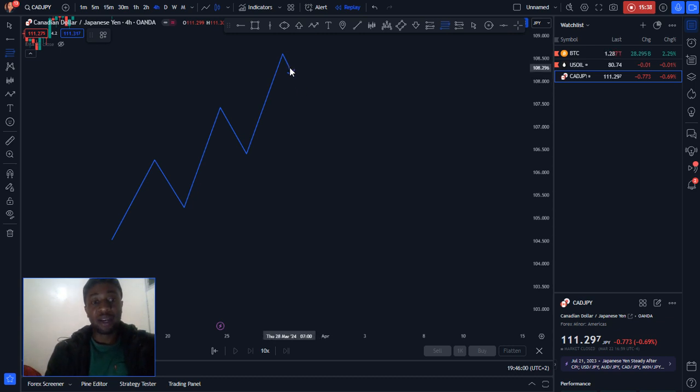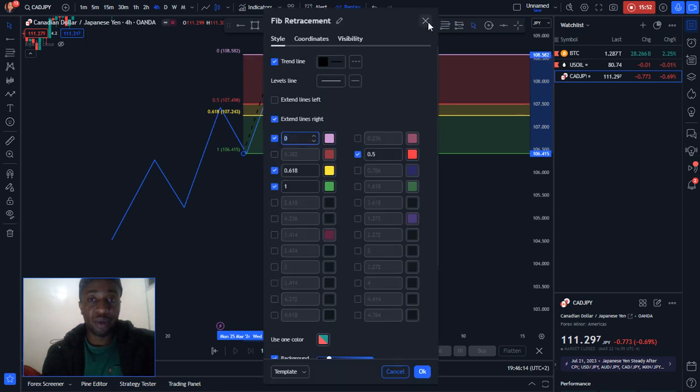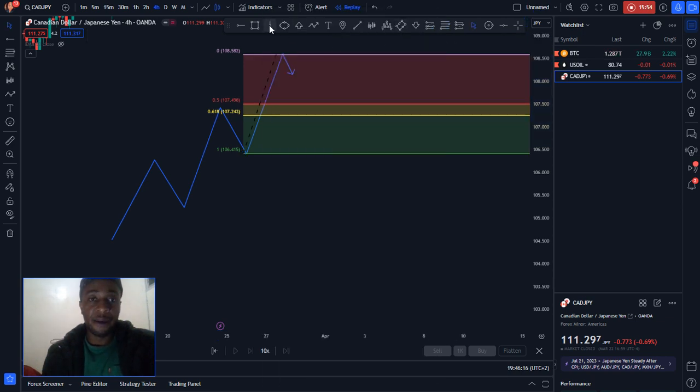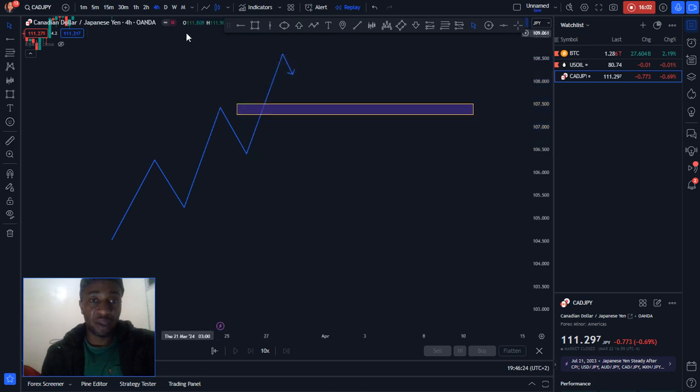Now you want to be like, okay, I'm going to be taking these selling opportunities up to which level, because you do not know where the market is going to turn. So you can make use of the Fibonacci and be able to say, okay, my market can go all the way down until the golden zone, because that's what most of the time it does. It moves all the way until the golden zone.